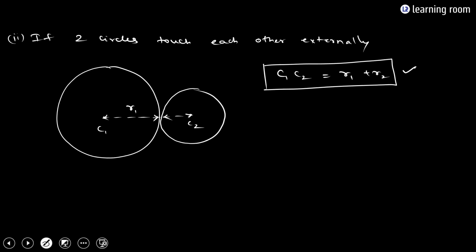Having said this, let us look at illustration number 1 that is given in the book. In illustration 1, two circles touch each other externally. I'll just go with the diagram.